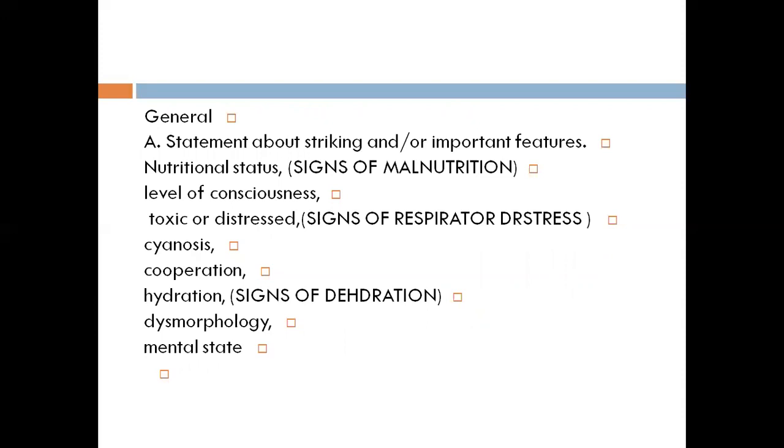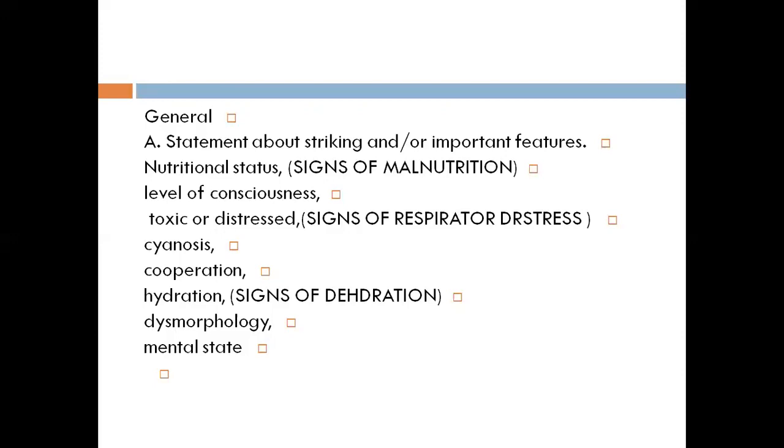General statement about striking and or important features. It is very important that I look at the nutritional status, so I look for signs of malnutrition, and I look for level of consciousness. Toxic patient, is he distressed? Is he toxic?